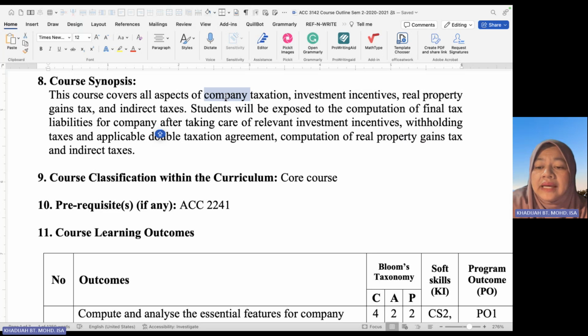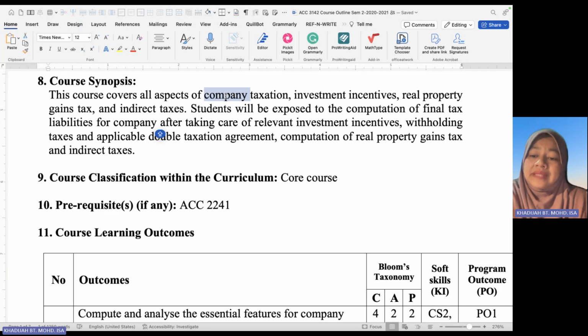The other topic is real property gains tax. Real property gains tax, or RPGT, is actually a different act. It's not under the Income Tax Act, it's under the RPGT Act 1976. It is about real property. So what is a real property? For example, if you own a house, or a residential or commercial property, these are real property.